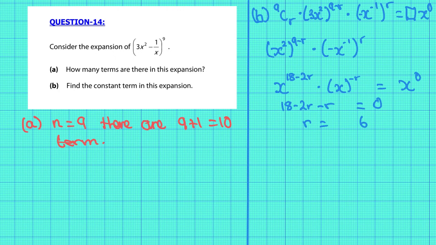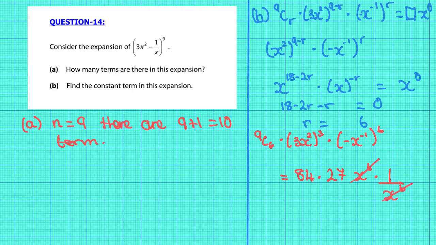Substitute back in for r, giving us 9 choose 6. 3x squared, 9 minus 6 is 3, minus x to the minus 1 to the power of 6, which when expanded gives us 84 times 27, x to the power of 6 times 1 over x to the power of 6.